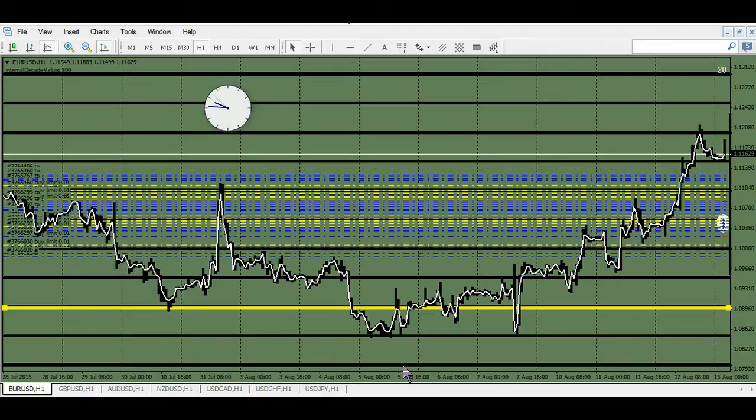Now this platform's set up to go 15, 30 minutes, 1 hour, 2, 3, 4, 6, 8, and that's it. I'm not going to go to 12 because I think I can get to the platform in 8 hours.